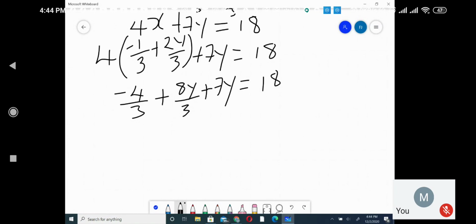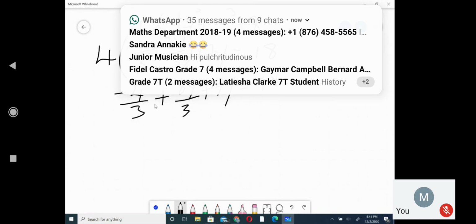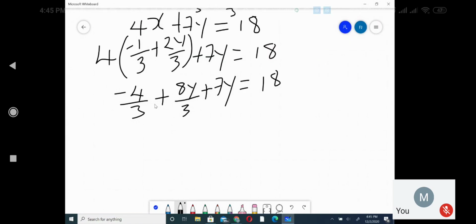What does multiplying by negative 1 do? Right. So remember, in order to eliminate something, you must do the opposite operation. By multiplying by negative 1, we only change the sign or change the operation being carried out. Alright, so we will add 4 over 3 to both sides.